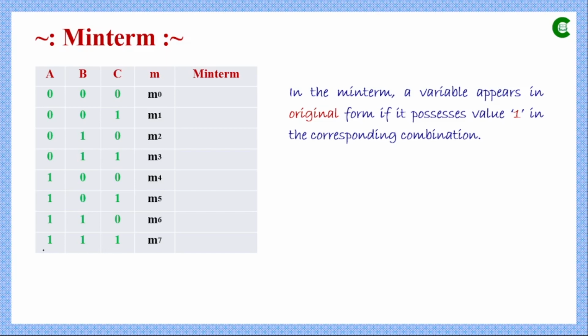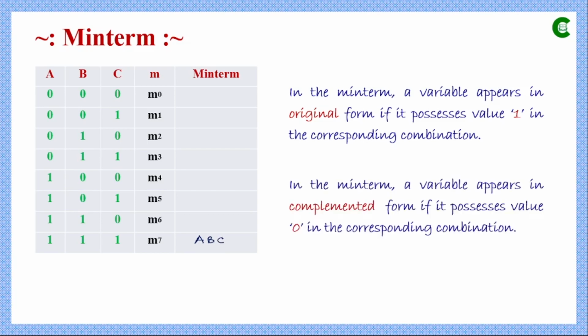In the last combination we have 1 1 1. All the logical variables have 1. That means, in case of a minterm, 1 means the original form. So here the minterm will be a, b, and c, or the AND operation between all these logical variables a, b, c.